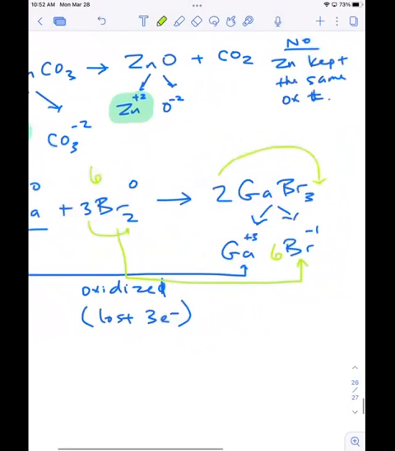So every bromine is -1. Right. But if we just take one of them that went from 0 to -1, what happened to that element? Did it get reduced or oxidized? Keep in mind, we're going from 0 to negative. That's going down, right? That's not going up.